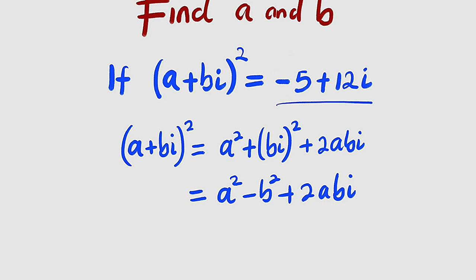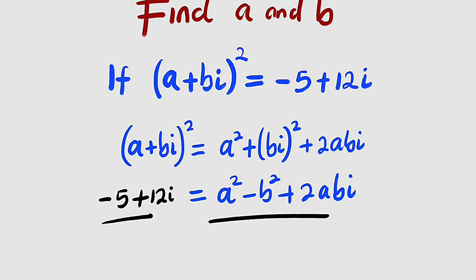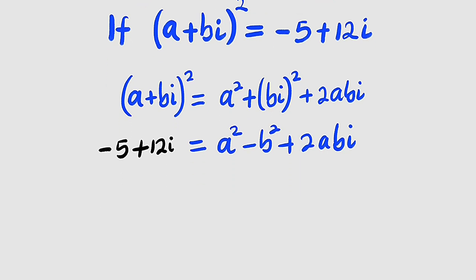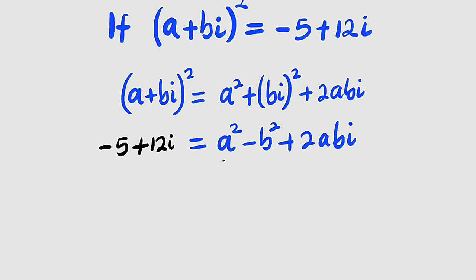So this is just the expansion of (a + bi) all squared, but remember it is equal to -5 + 12i. So we are going to relate this with -5 + 12i. Let's relate the real part first. The real part is a squared minus b squared, which must be equal to -5.